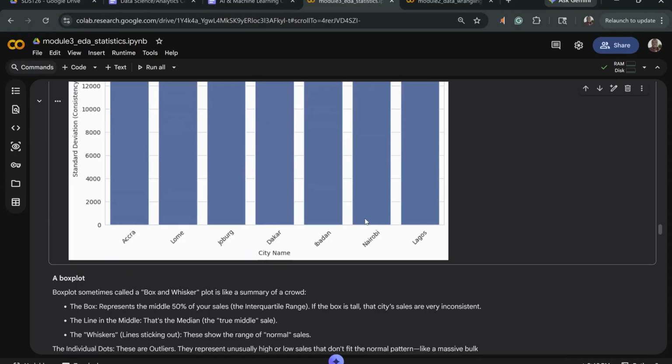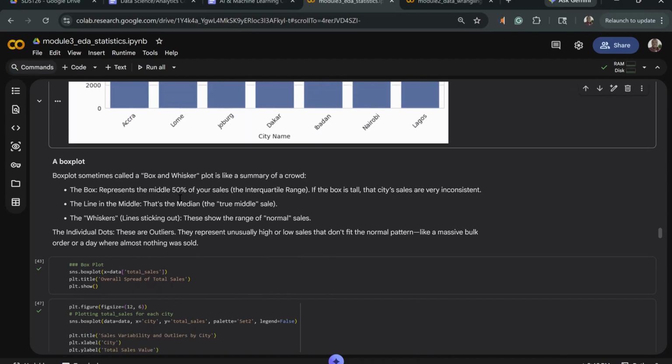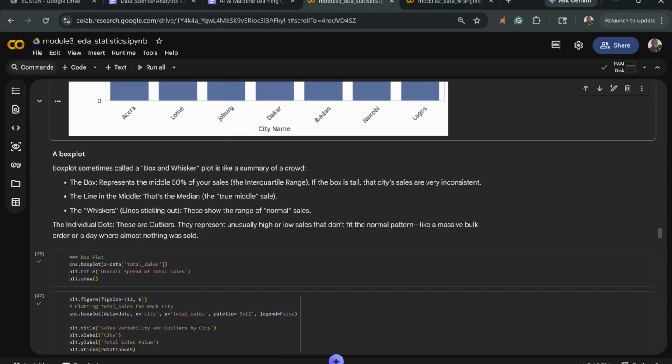That is about plotting. A box plot, sometimes called a box and whisker, which I've shown you earlier on, is like a summary of a crowd. This box plot is very important, especially when you are checking for the overall summary of your data. It's very good for univariate analysis and also for multivariate analysis.